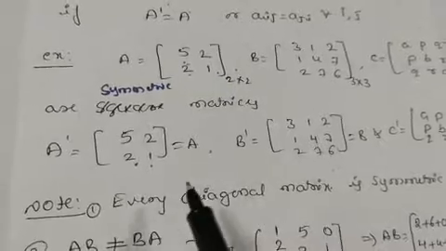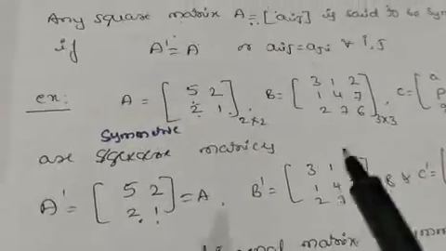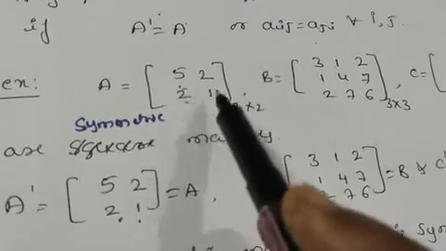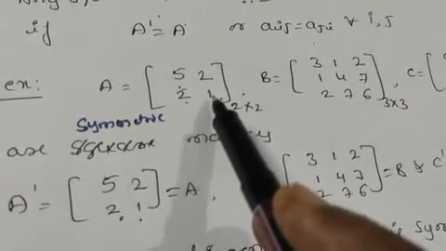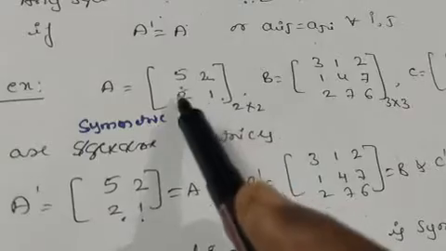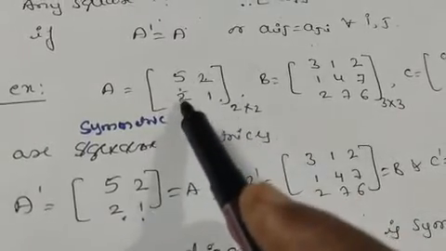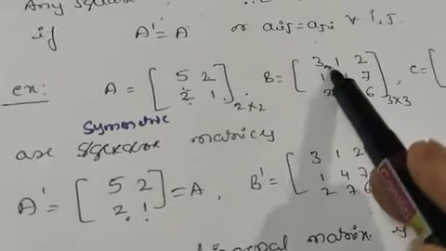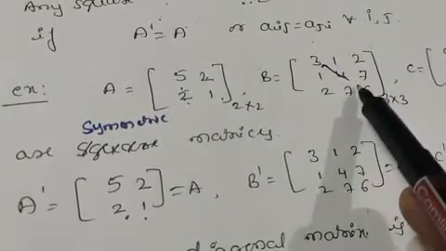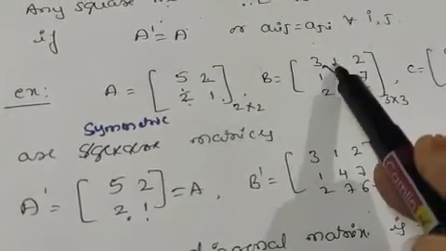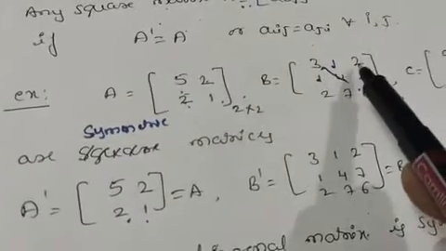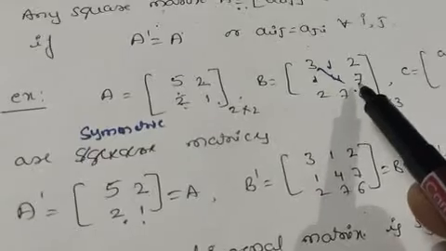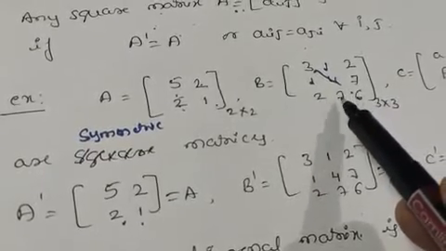Take one note here. To identify a matrix as a symmetric matrix, you have to look at the diagonal elements. Diagonal elements may be anything, but for the remaining elements, if you fold this matrix like this, then these two elements should be the same. Whatever the diagonal elements may be, A13 is the same as A31, A23 is the same as A32, like this.